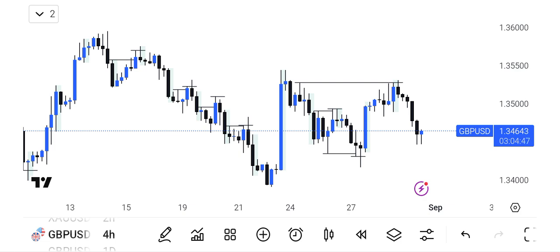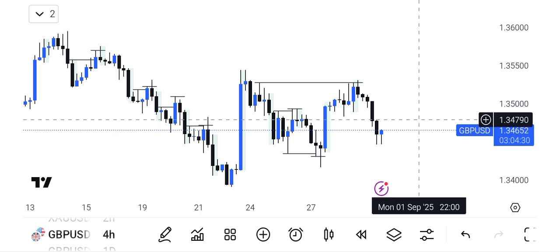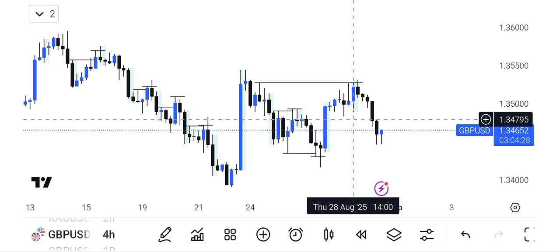For GBP USD, the candles we want to look out for are the candles just prior to London session and candles during active session. Understand? So this is Nigerian time.